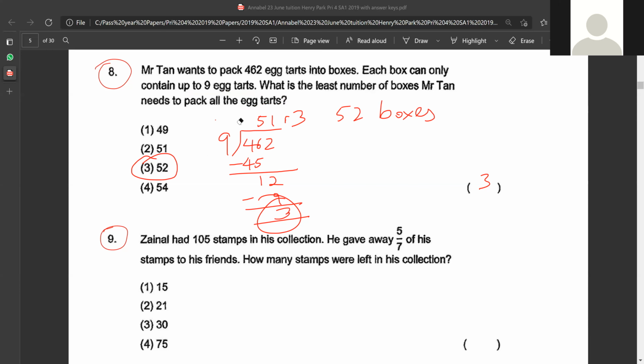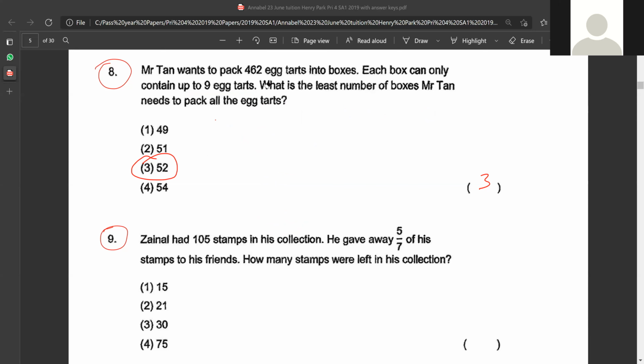This kind of question, sometimes the answer is 51, but you need to see it case by case. When you need to round up, when no need to round up. Put yourself in the shoes of Mr. Tan.